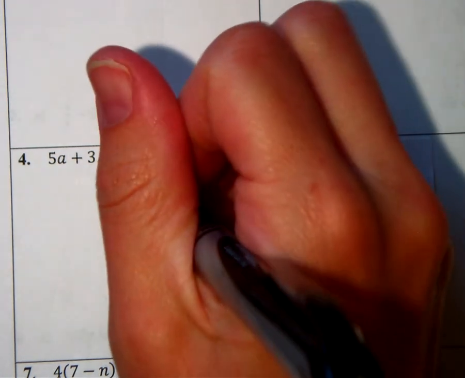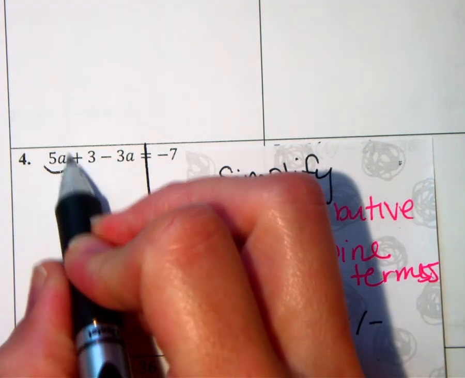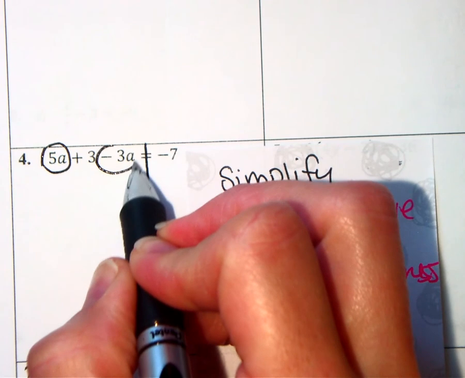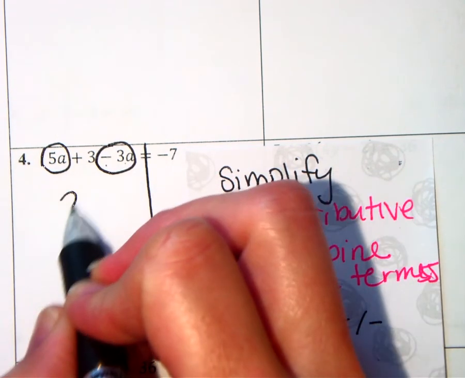So when I draw my line, I'm going to combine my 5a, here's what's important, with my minus 3a. Okay, so 5 minus 3 is 2.